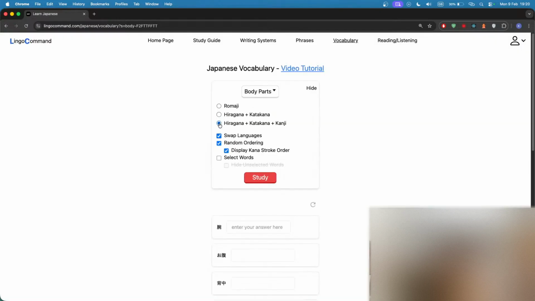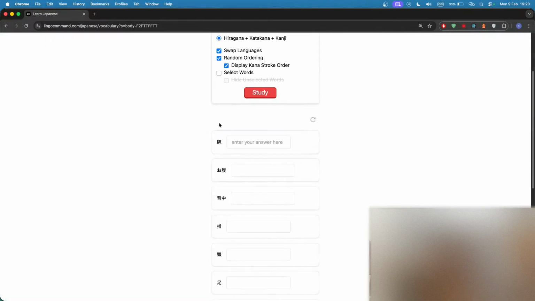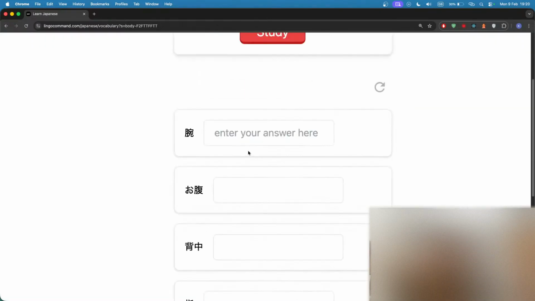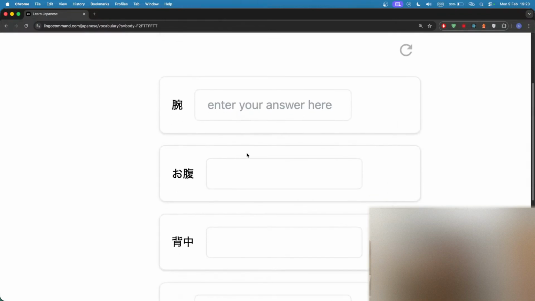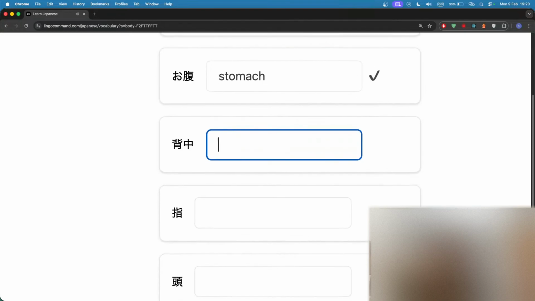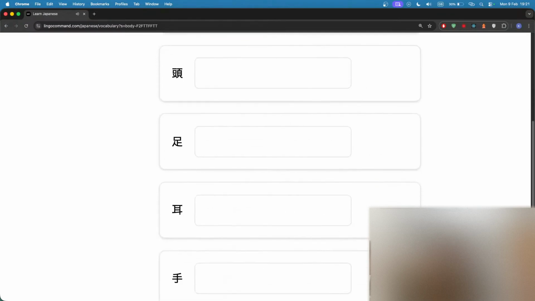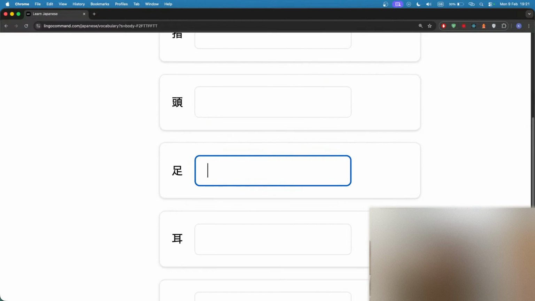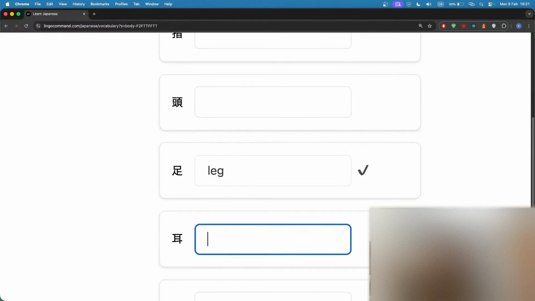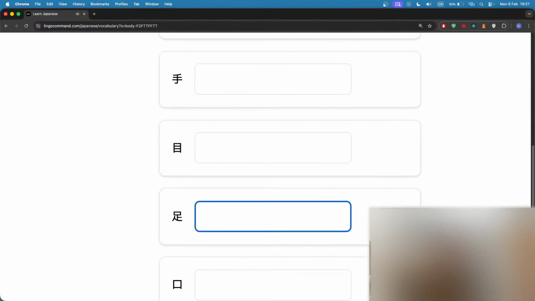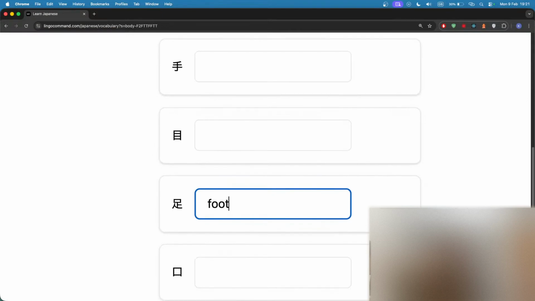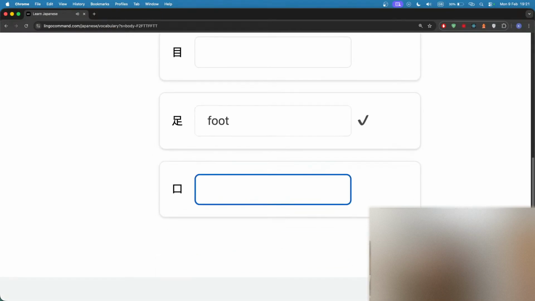Why don't we try this? I think this is onaka, which is stomach. I think this is senaka, the back. This one here is ashi, which is leg. And then we get it again here, so it's like leg or foot, same thing.